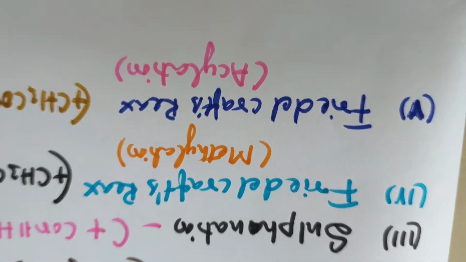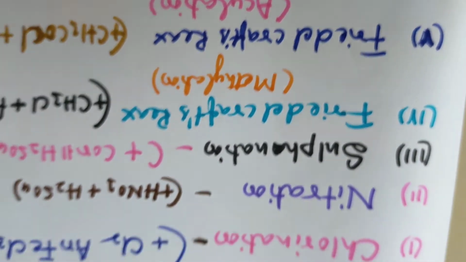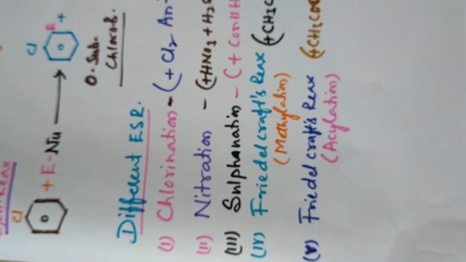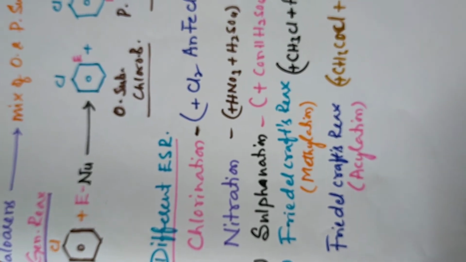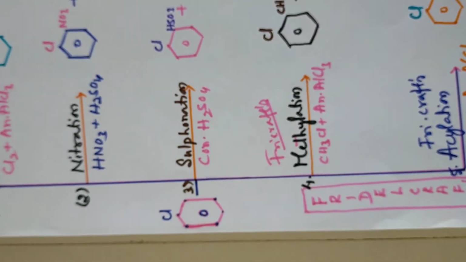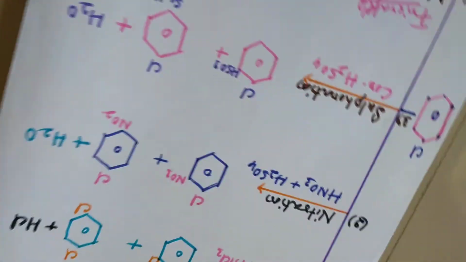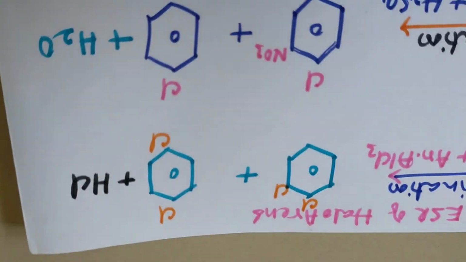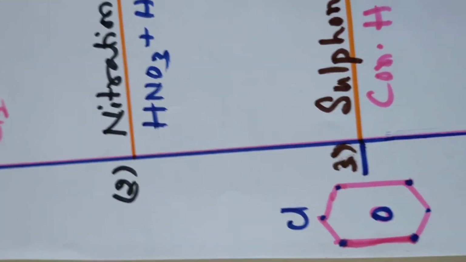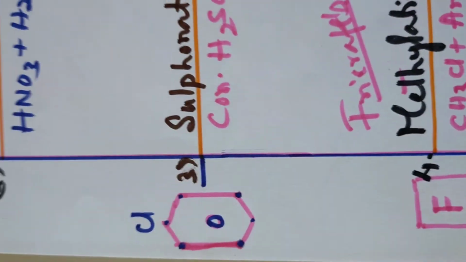This is about the electrophilic substitution reactions. Then we go for the detailed reactions for chlorination, nitration, sulfonation and Friedel-Crafts acylation. Just to take chlorination first. The first compound we are taking is chlorobenzene.